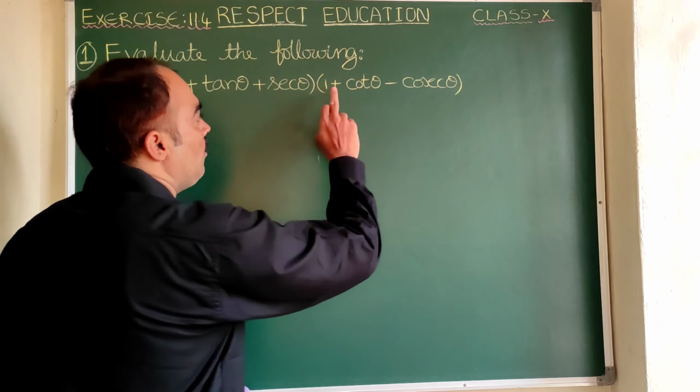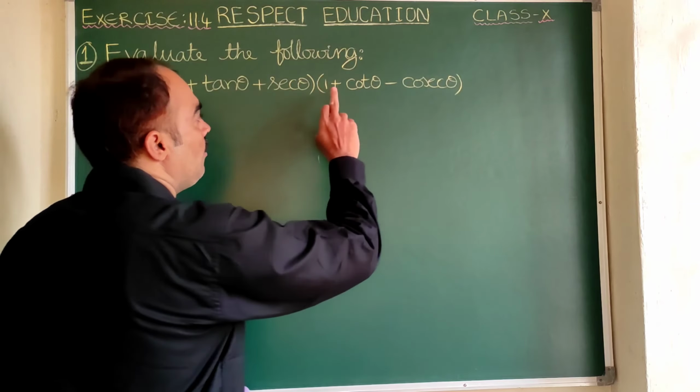Is it clear? Now let us expand this. In cos theta plus sin theta, now you visualize cos theta as a and sin theta as b. Earlier I had taken cos theta plus sin theta as a; now I am taking cos theta as a and sin theta as b to apply the formula and expand it.